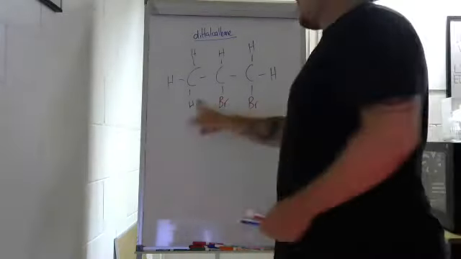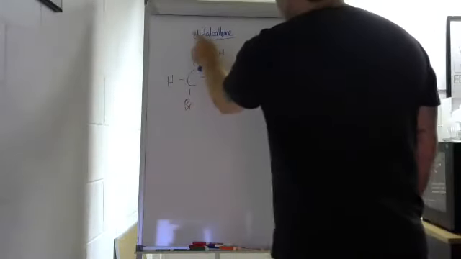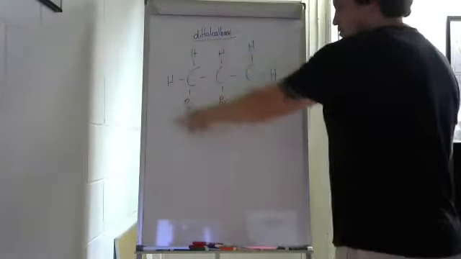If we add 3, it becomes a trihaloalkane. You can see where this is going. 4 is a tetrahaloalkane. The idea is it's a halogen, or 2 halogens, or 3 halogens attached to our alkane.